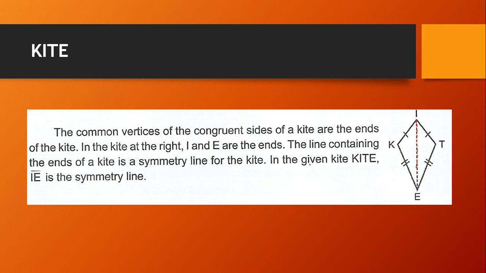Then in the given kite KITE, line segment IE is the symmetry line. So again, the symmetry line is a line that divides the object into two identical objects. It divides the kite into two equal parts. It forms two triangles, no?